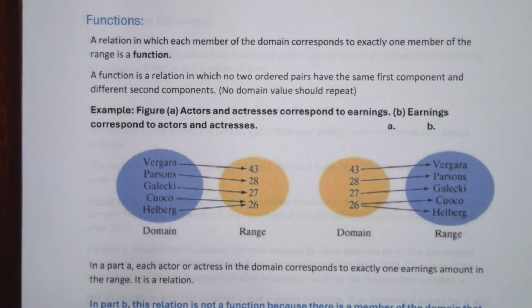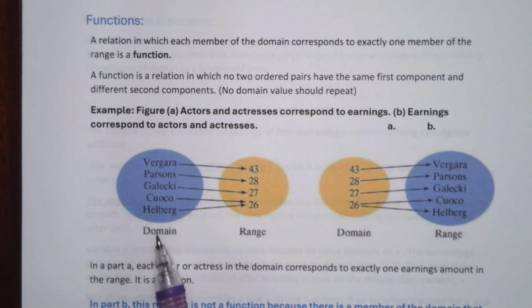So in other words, in this case, these are the actors and actresses and their pay. So here, this first one is a function because each actor or actress gets one pay. Now you say, well, but down here they're getting the same pay.